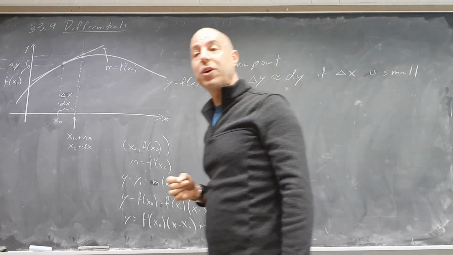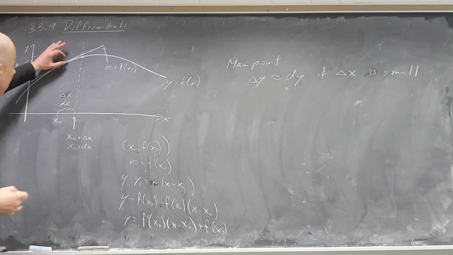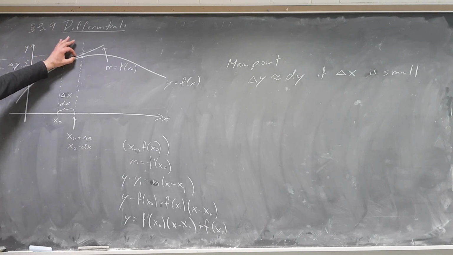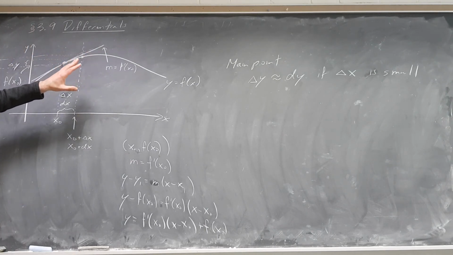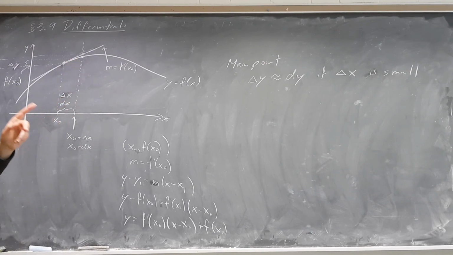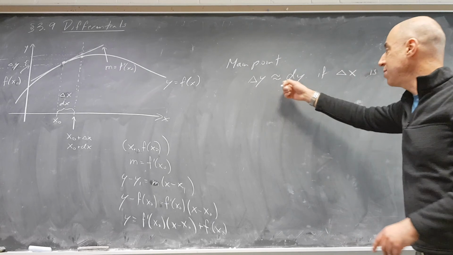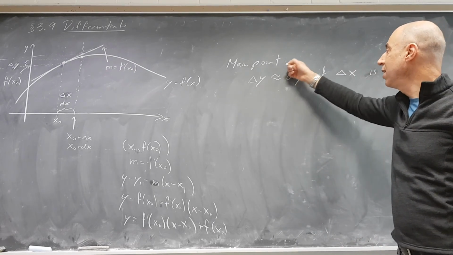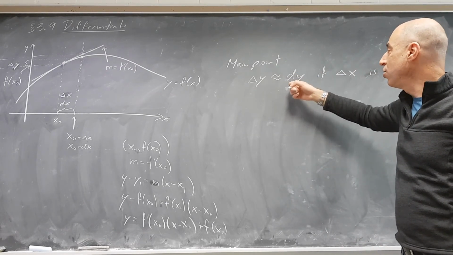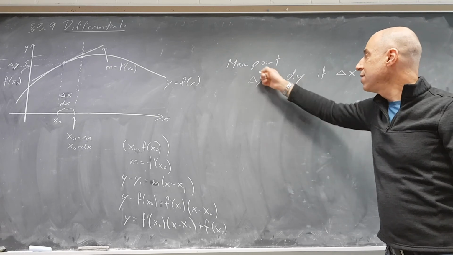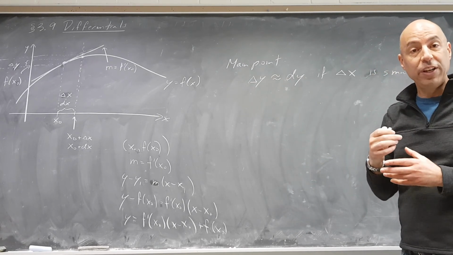Of course, the smaller it is, the better that approximation is. The smaller delta x is, the closer the curve and the line are. So we could use this approximation to help us compute an approximation to delta y, how fast the curve changes.